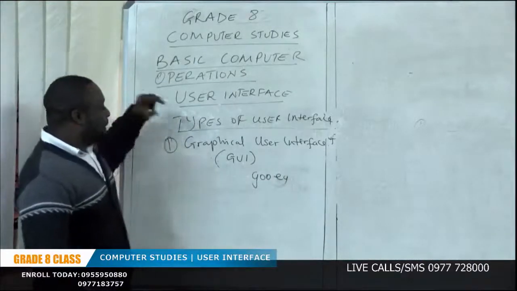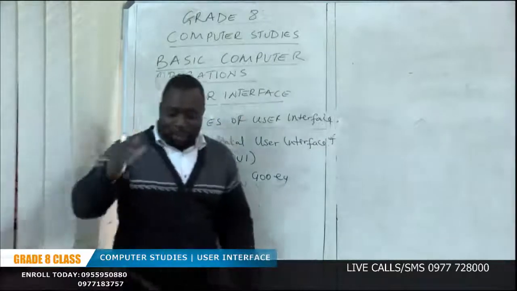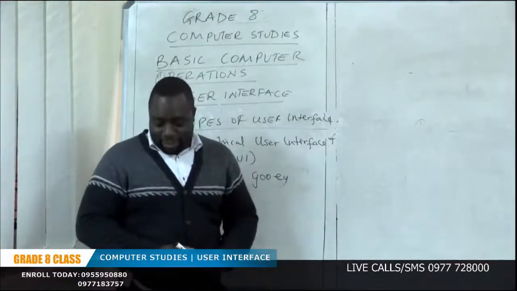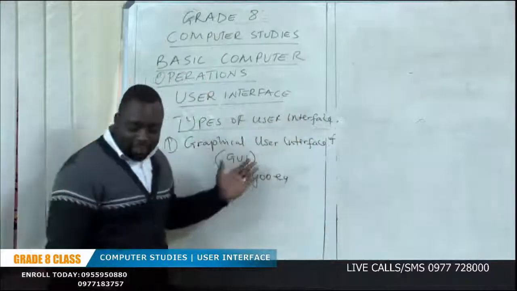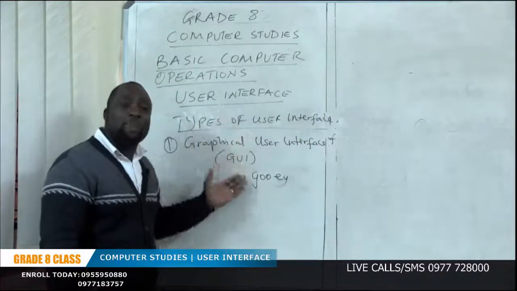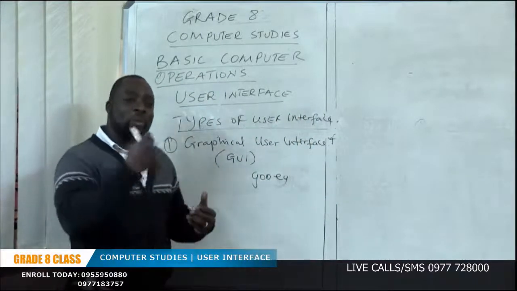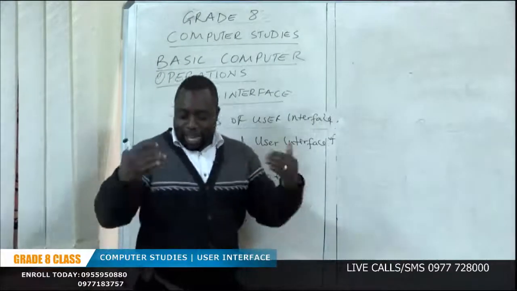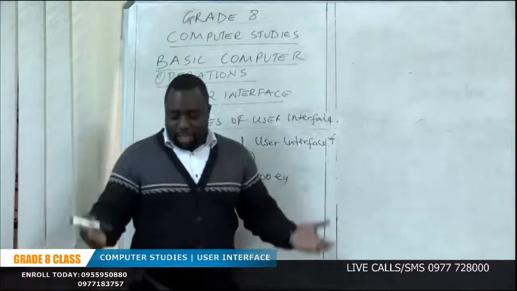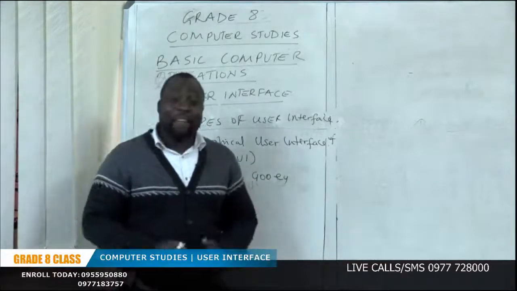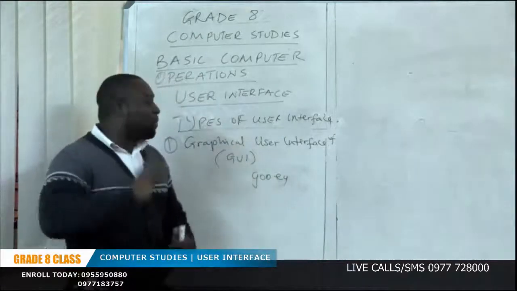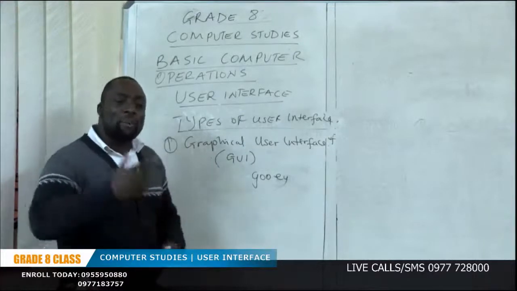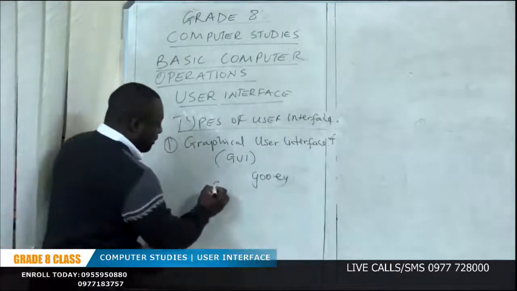Okay, so we have the graphical user interface. What is the graphical user interface? This is an interface that helps us to interact with the computer. Are we together? And this is a kind of user interface that normally uses graphics.